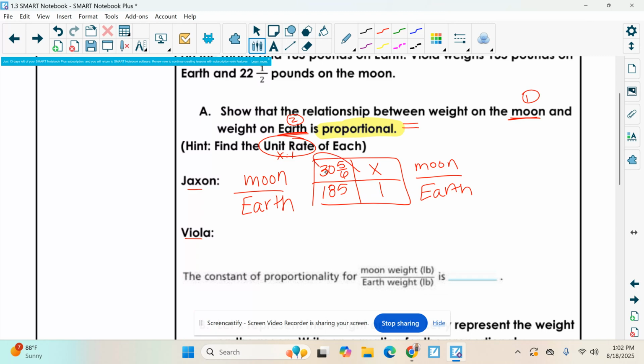Cross multiply. 30 and 5/6 times 1 is going to give me 30 and 5/6. Then divided by 185, which gives me a beautiful number of 1/6.